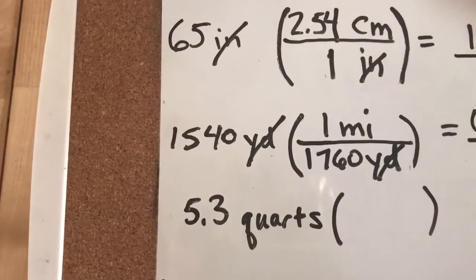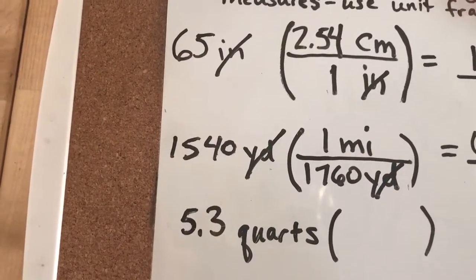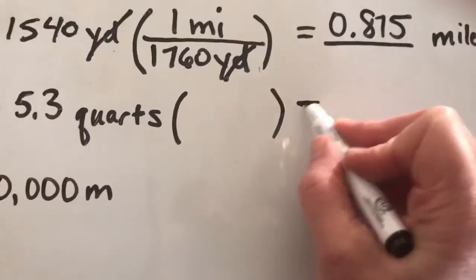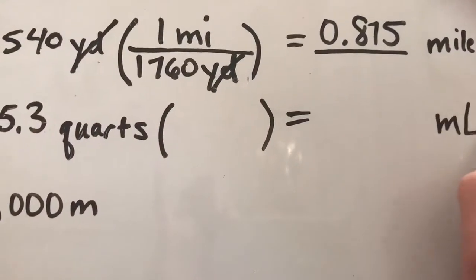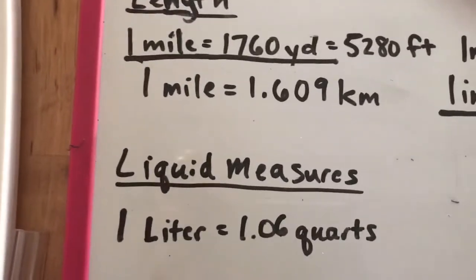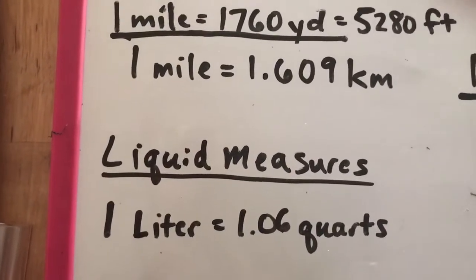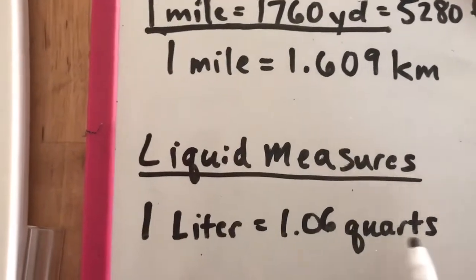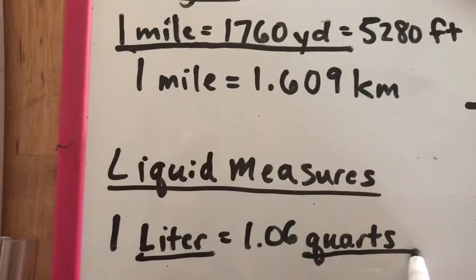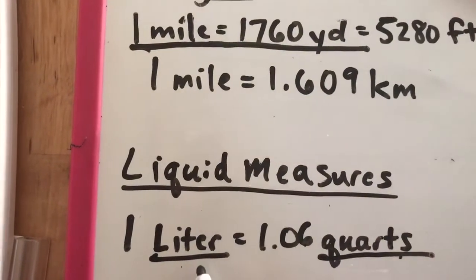Okay, let's go to quarts, 5.3 quarts. And I'd like to change that into milliliters. As I look at my chart, I don't have anything relating quarts and milliliters, but I do have a relationship between liters and quarts. And so let's first change quarts into liters.